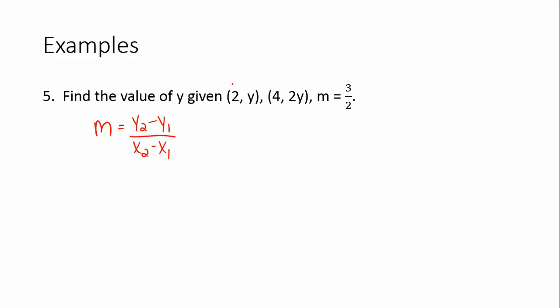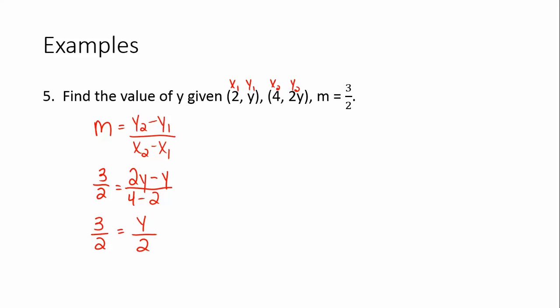So if we label, we have x1, y1, x2, y2, and this is slope. So we're going to say 3 over 2 equals 2y minus y over 4 minus 2. So we're going to simplify a little bit on the right-hand side. 2y minus y is just y. 4 minus 2 is 2.